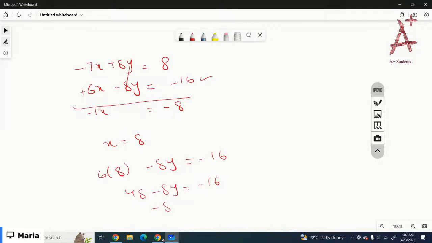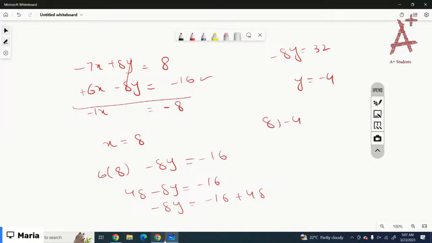Move 48 to the other side, it would be negative 8y equals negative 16 minus 48... so negative 8y equals 32, y equals negative 4. So the point is 8 and negative 4.